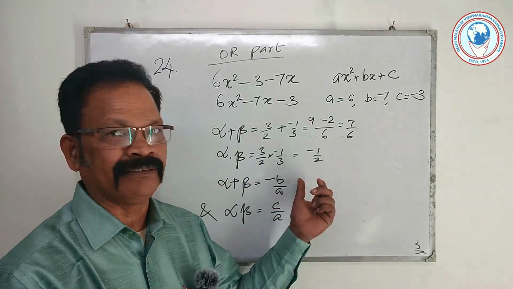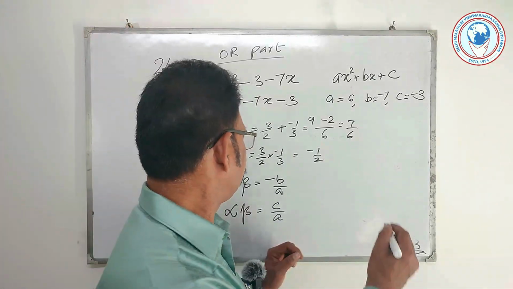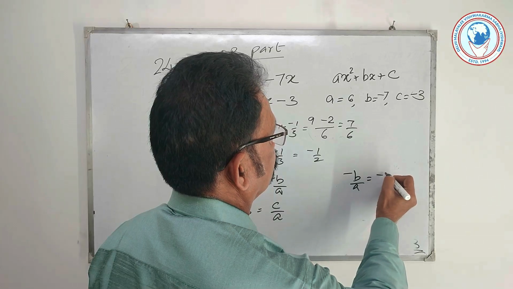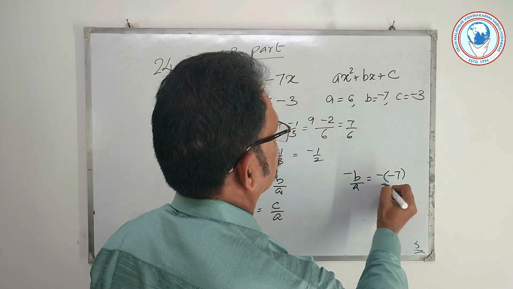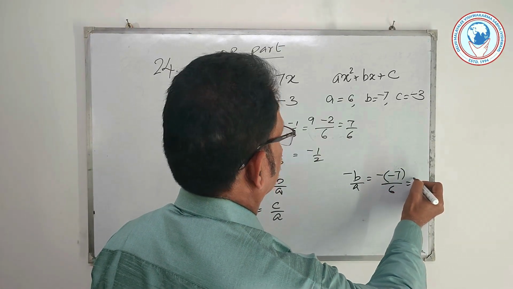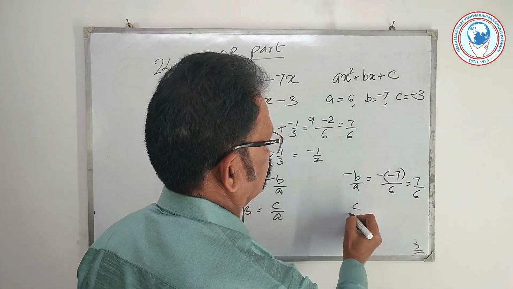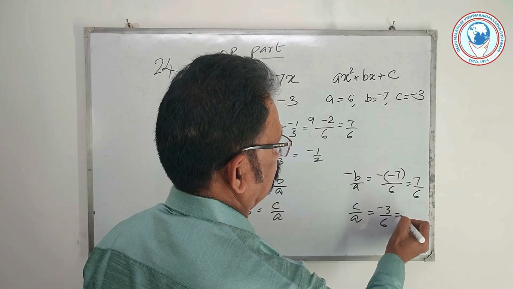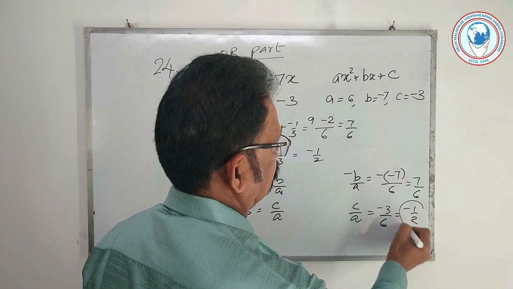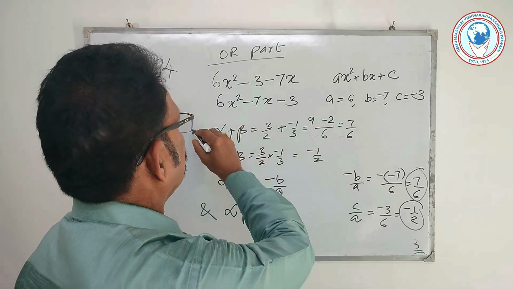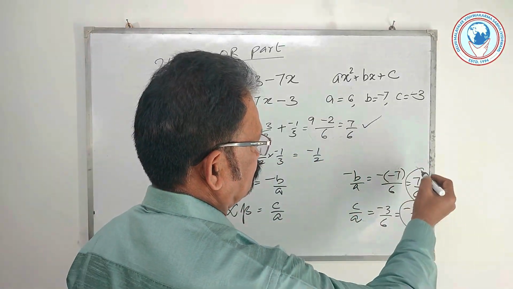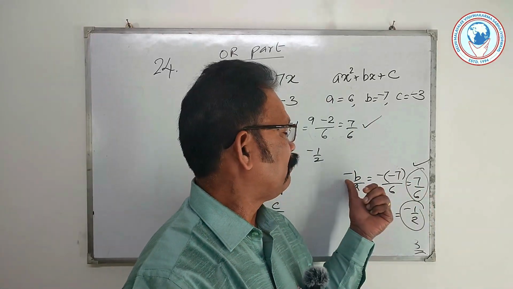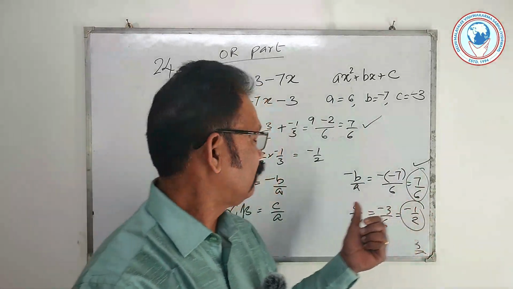Let us verify minus b by a and c by a. Alpha plus beta is 7 by 6 and minus b by a is also 7 by 6.